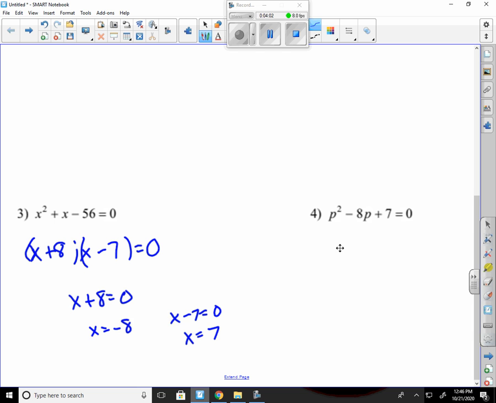Number 4. I have p and p. What multiplies to give me 7? That can only be 1 and 7. Since this is a positive 7 and this is a negative 8, it tells me that these are both subtraction.